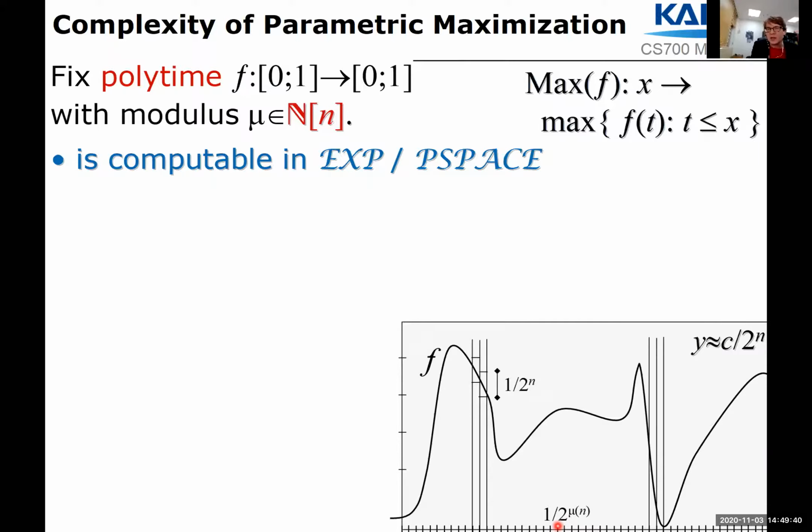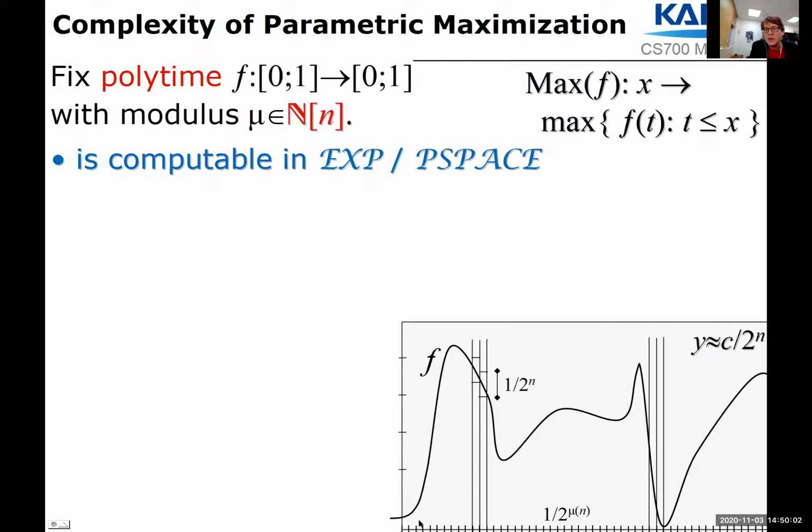Okay, so that's our exponential time algorithm, and actually that's already a polynomial space algorithm, because each single evaluation takes polynomial time and therefore also only a polynomial amount of memory. Remember, polynomial time also means polynomial amount of memory.